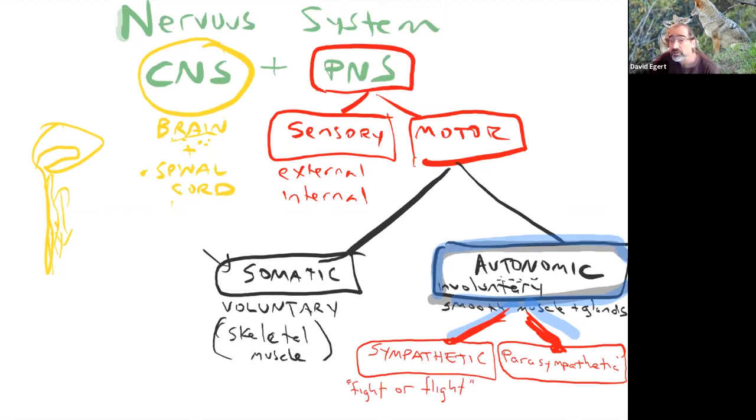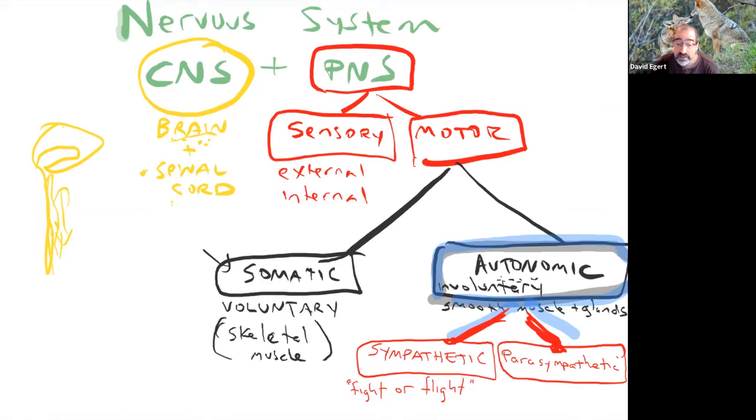It triggers things that you think of as getting ready for action: speeding up your heart, dilating your bronchial passages so you can suck down more air, sending blood to your muscles and inhibiting digestive processes, because we don't got to digest our lunch. What we got to do is sprint away from this tiger right now. It dilates your pupils, makes your eyes all wide with fright.